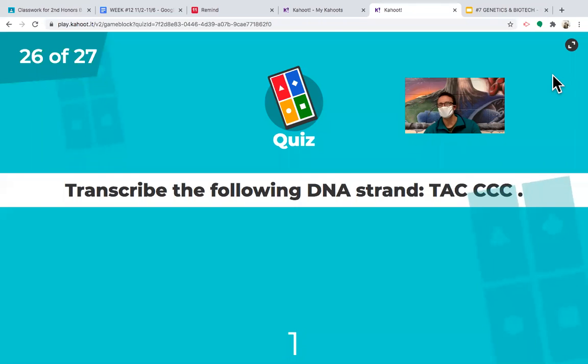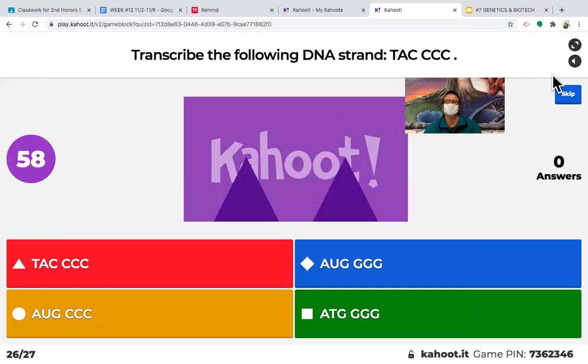Transcribe the following DNA strands. So there's some DNA. Give me messenger RNA. Give me the complementary messenger RNA strand.